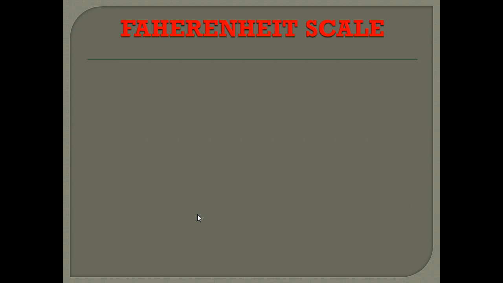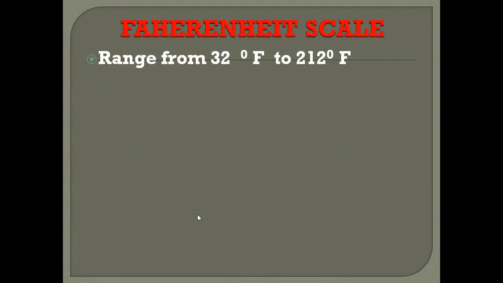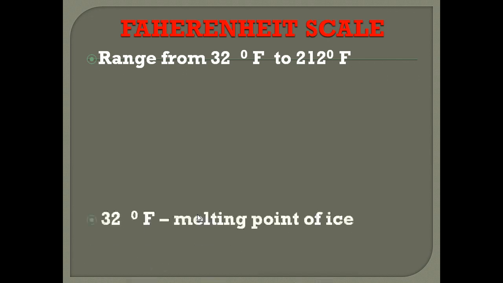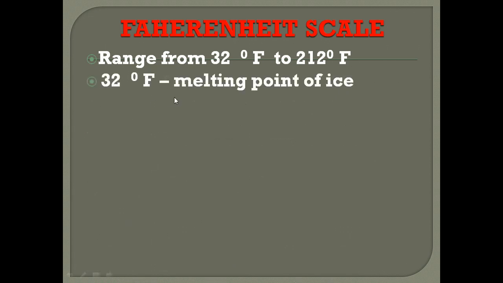Next, the Fahrenheit scale. This scale has a range from 32 degrees Fahrenheit to 212 degrees Fahrenheit. Here 32 degrees Fahrenheit is taken as the melting point of ice. We know in the Celsius scale 0 degrees Celsius is the melting point of ice.